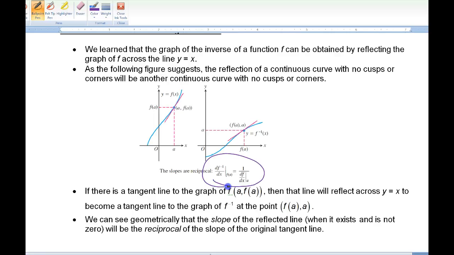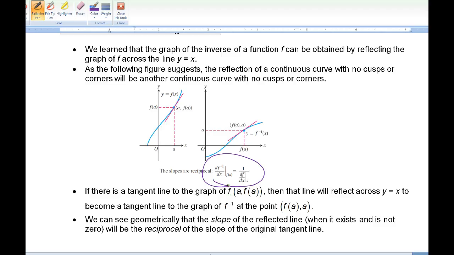So here we have, this is important. If you have the derivative of the inverse evaluated at f of a, it's the same thing as the reciprocal of the derivative of the original function evaluated at a. They're reciprocals. These two slopes are reciprocals of each other.